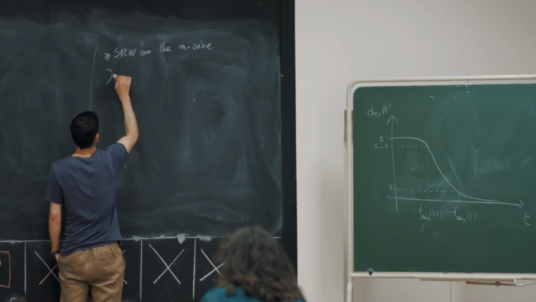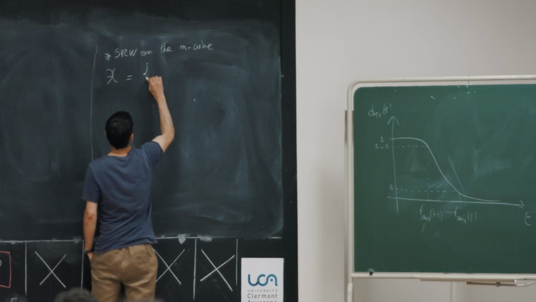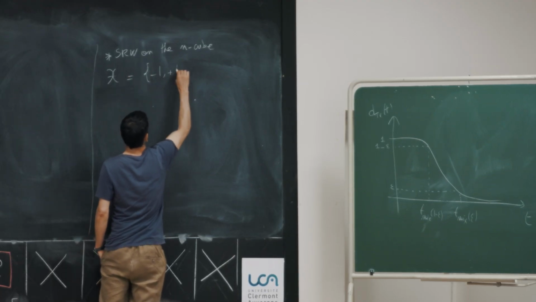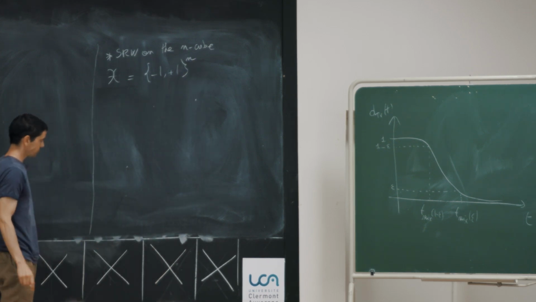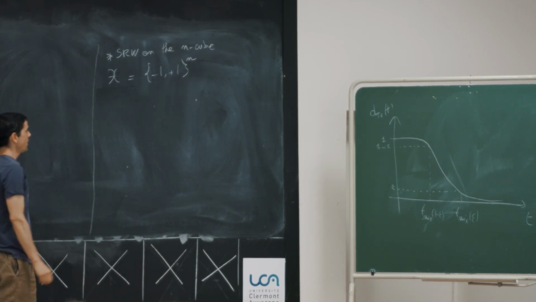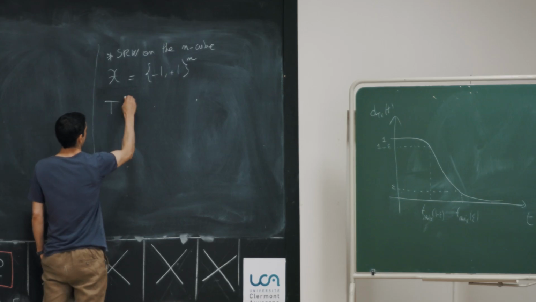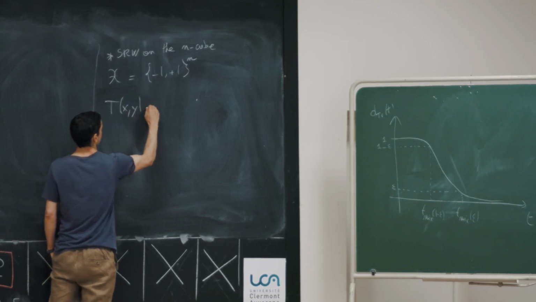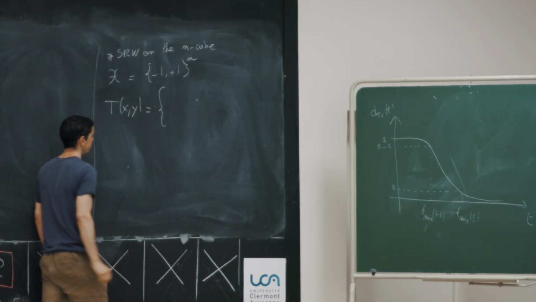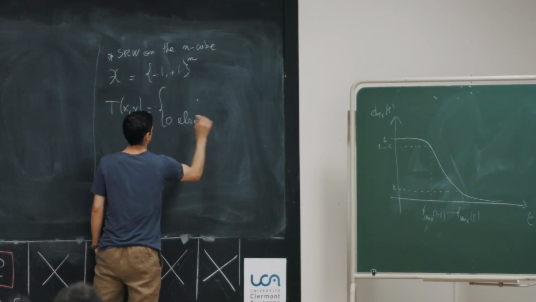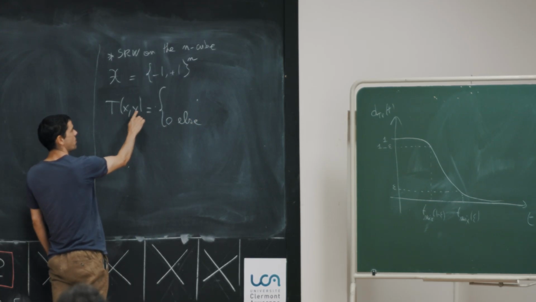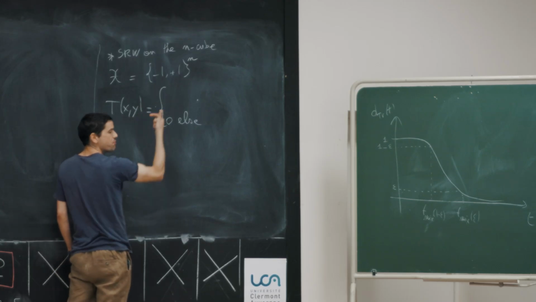The state space is just the hypercube, so the n-dimensional Boolean hypercube. And then the transition matrix is as follows. Whenever your clock rings, most of the time you do nothing, and the only possible transitions are when you flip a coordinate, right?